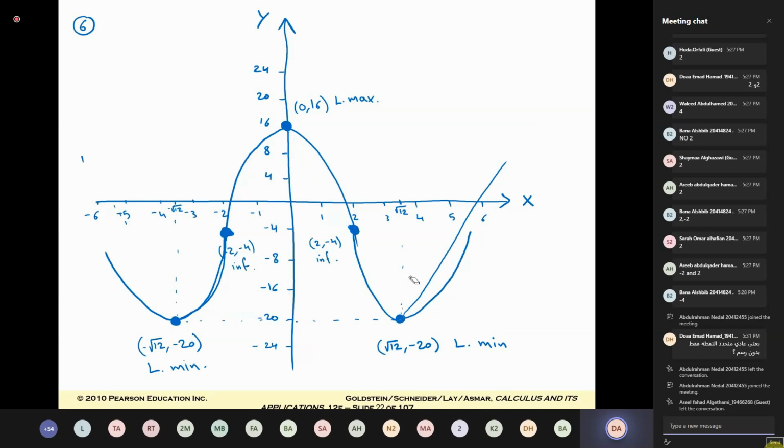So we can remove this one also. So this is the f of x, and we can determine the local maximum, minimum, inflection points, and increase and decrease. This is the drawing of f of x.